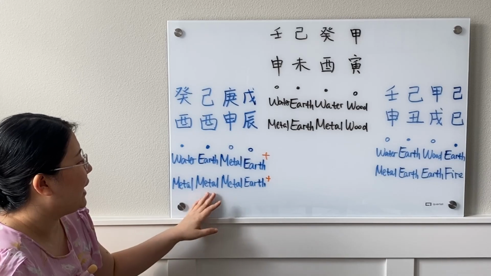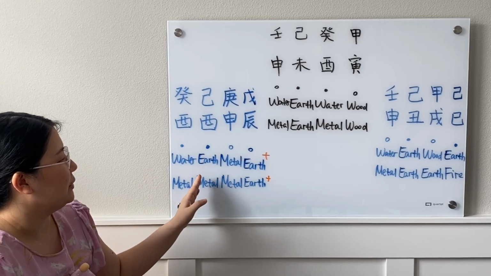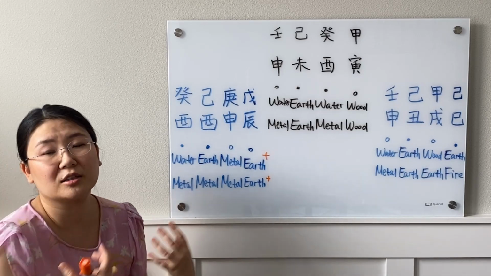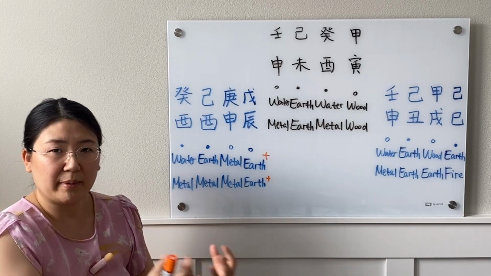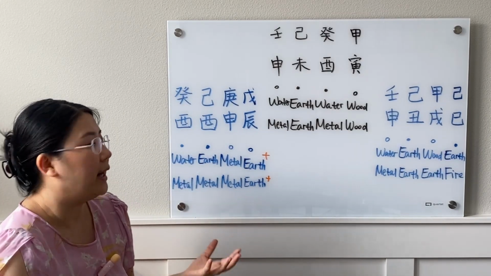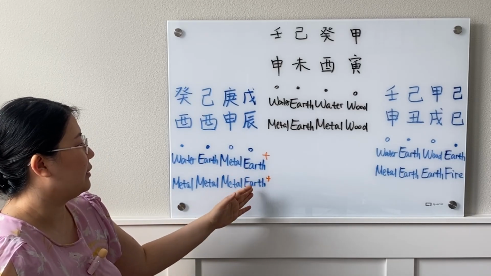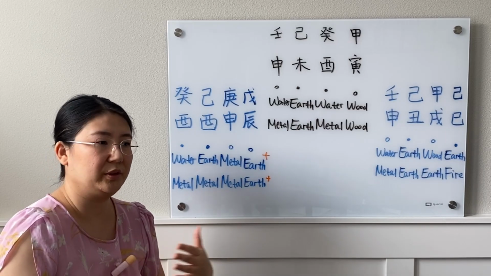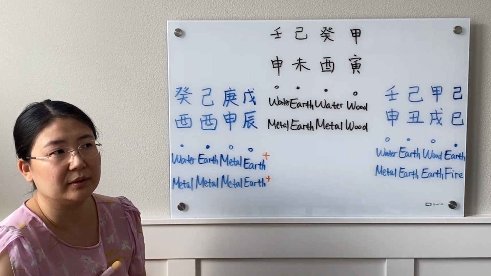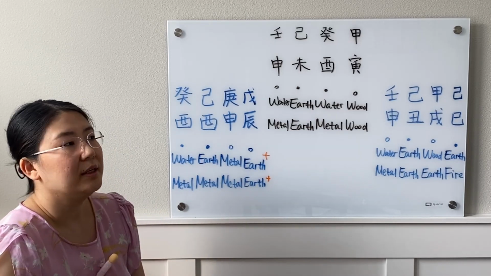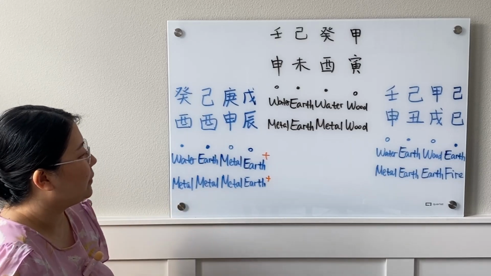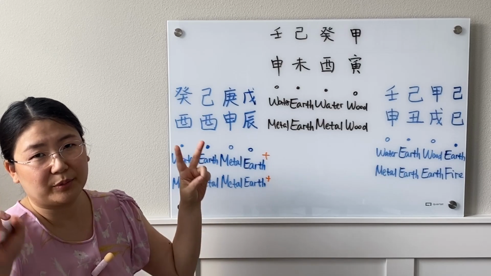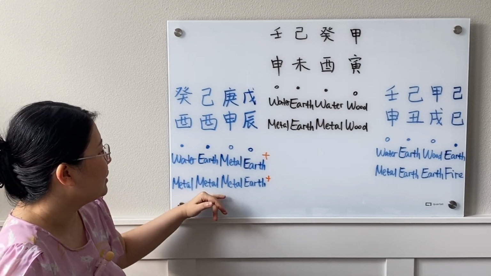You really want to see either fire to make myself stronger so I can tolerate the large demand of metal sucking away my own energy, or another earth that gives me enough strength to produce this large quantity of metal, which in turn produces water. So that's why the answer for this one is that both fire and earth are preferred elements to solve the problem for this Bazi.